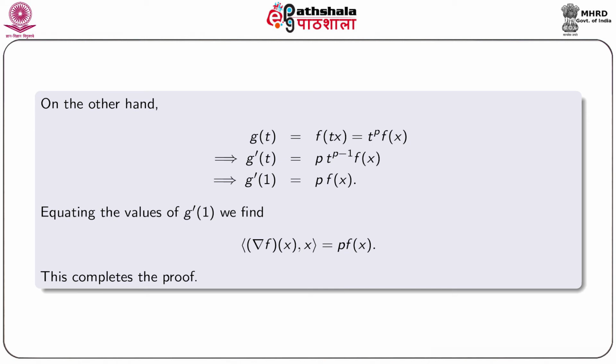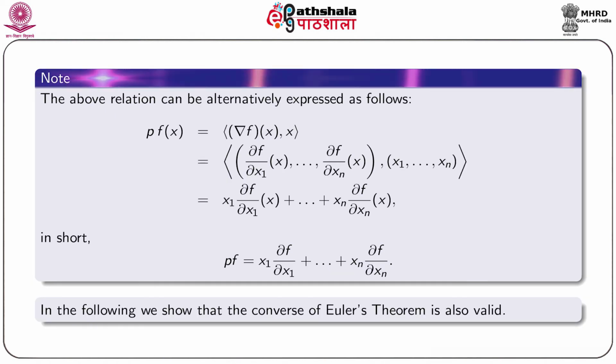Now, if we equate both the values of g dash 1 we just found, we have the inner product of grad f(x) and x is nothing but p times f(x). So, here the proof completes. Now, one observation: the above relation can be alternatively expressed as follows: p times f(x) is nothing but the inner product of grad f(x) and x, that is the inner product of the vectors n-tuple (del f/del x1 at x, up to del f/del xn at x) and x itself.